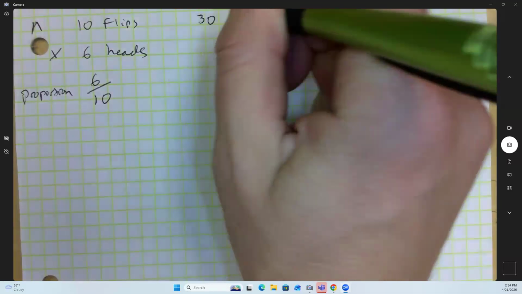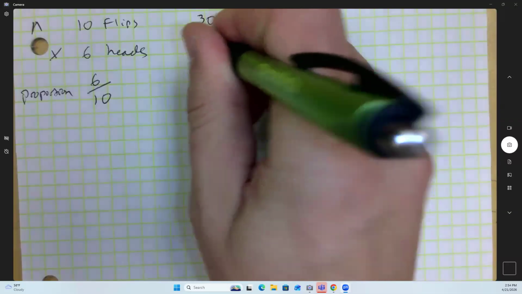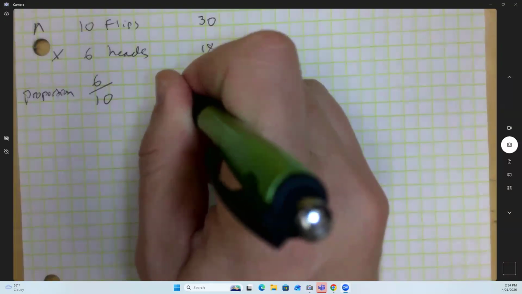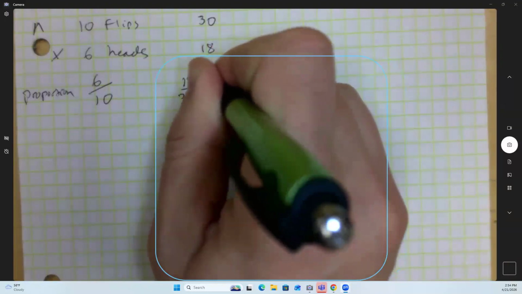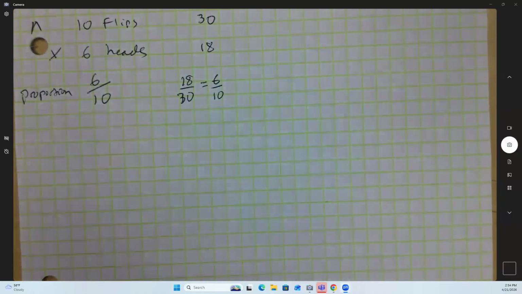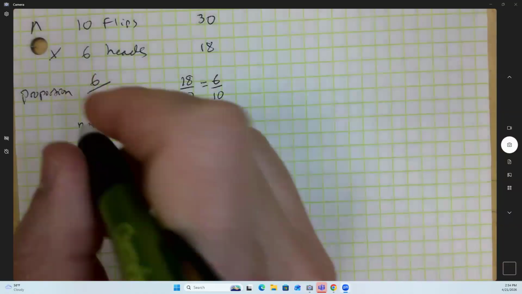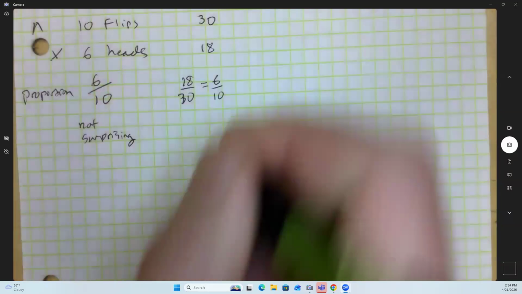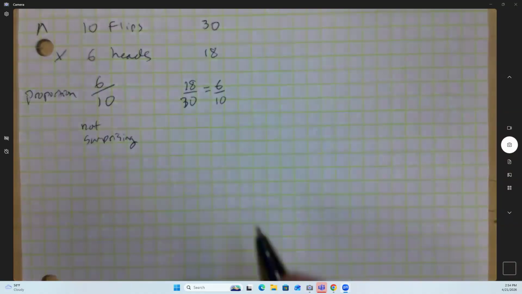Then we did 30 flips, 18 heads. 18 divided by 30 is what? It's the same as 6 over 10. Okay. Yeah, 60%. We said this is not surprising. 30, 18 out of 30, not surprising.